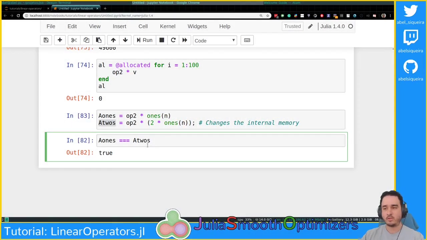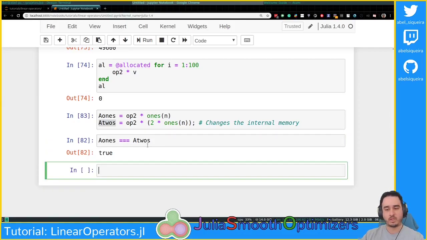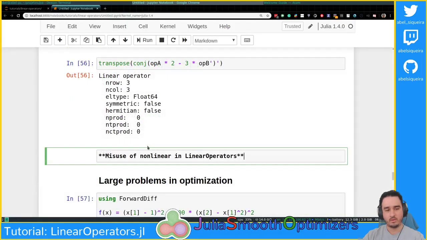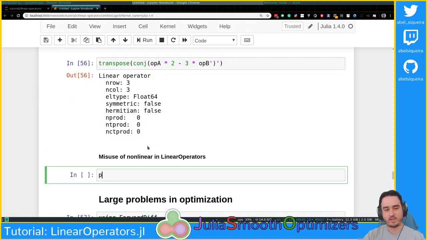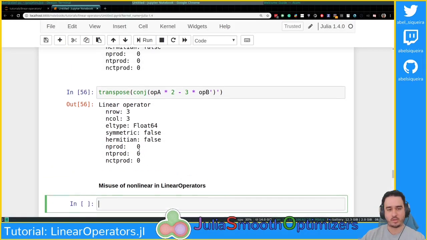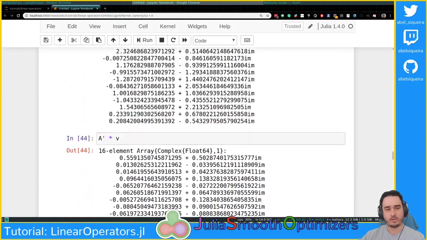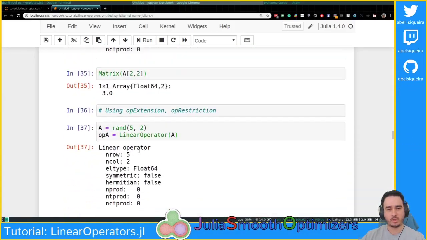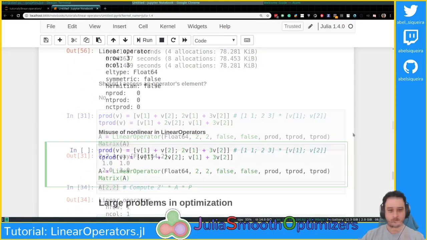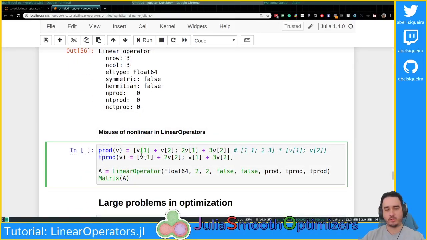So nothing stops the user from misusing linear operators. Okay, so for instance, if I define, I still have the prod here. Let me copy the prod, which will be a good example. So you say prod and tprod.